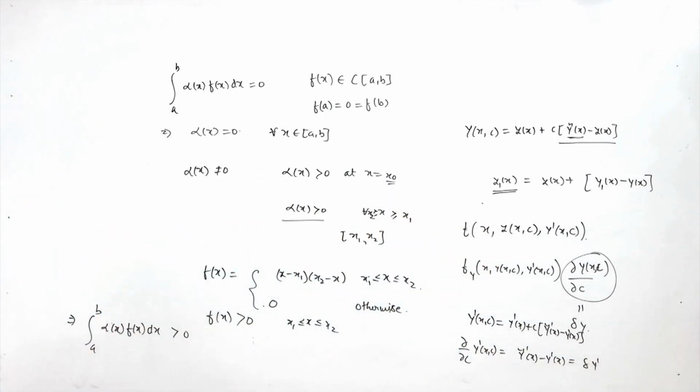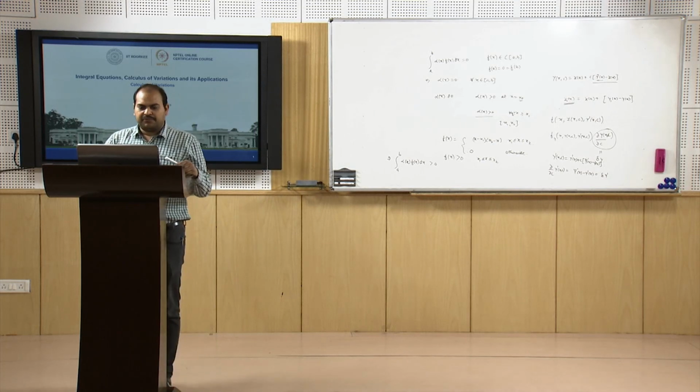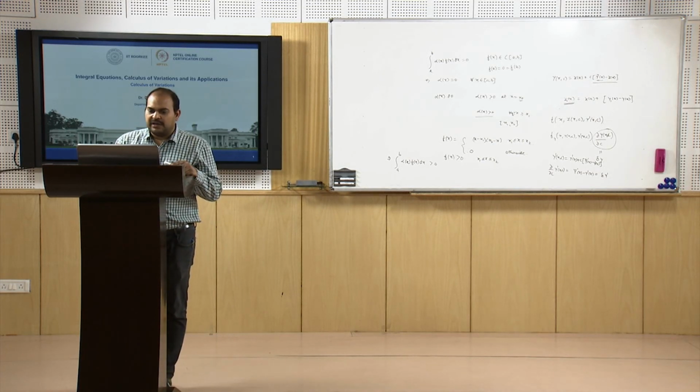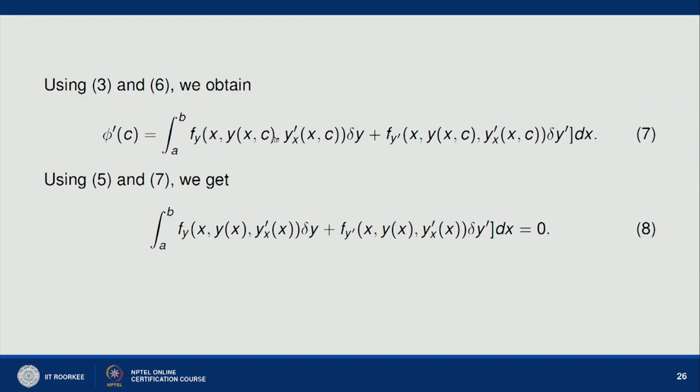So using this we can write phi dash c as the integral from a to b of f y of x comma y of x comma c, y dash of x comma c, times delta y. So this is nothing but the derivative of y of x comma c with respect to c. Similarly we can say that the second term will be f y dash delta y dash. Now here since phi dash c equal to 0, this is equal to 0.